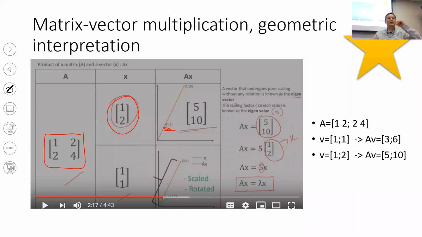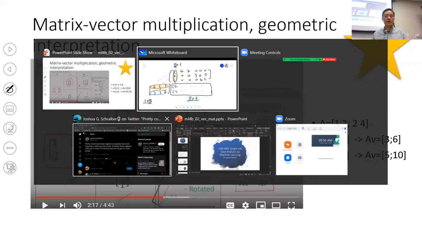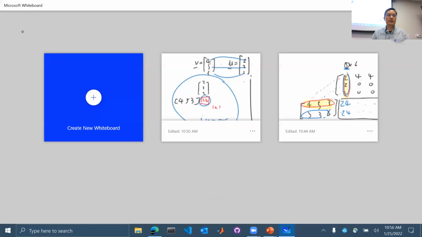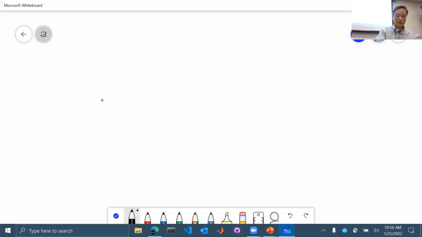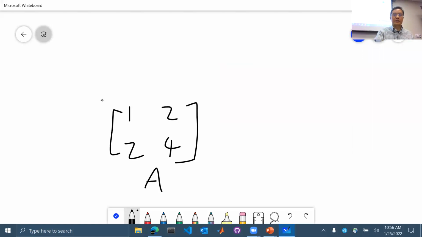So let's see, 1, 2, 2, 4. That's my matrix A. And multiplying my data point.